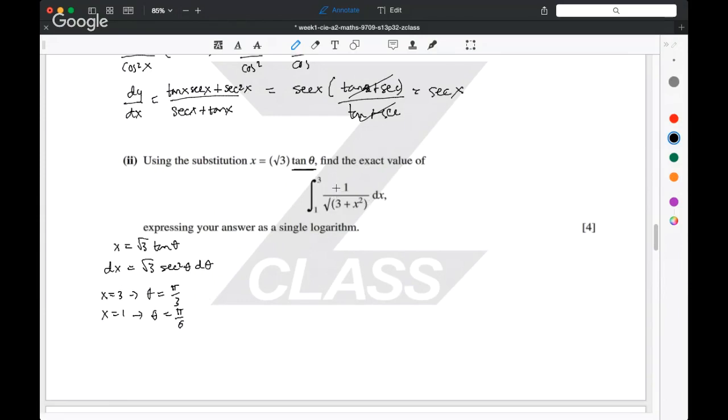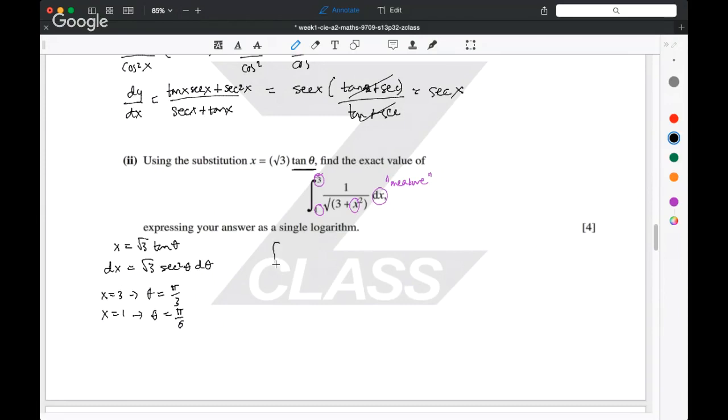So when you change variable in one of these integrals, you need to change the actual variable. You need to change the measure, the integration measure, and you need to change the limits as well, because x is equal to 3 corresponds to a place where theta is pi on 3. So let's do that.